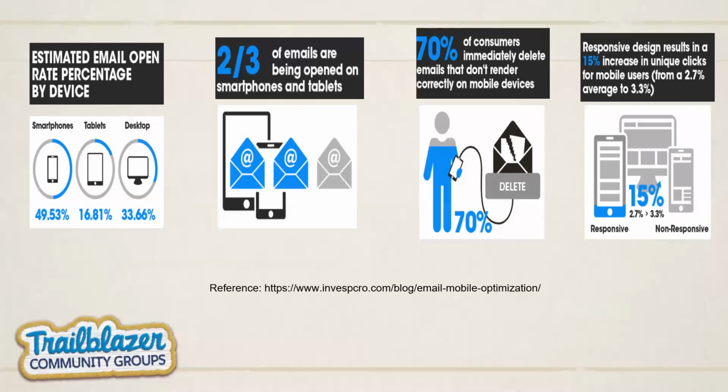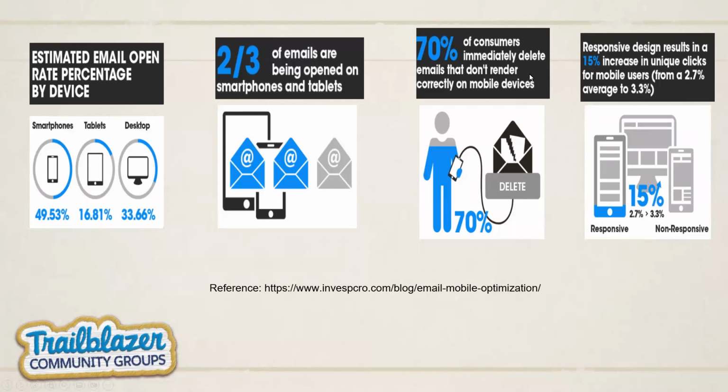And these are a few statistics. Going by the devices they have been opening on, almost 50% of people are opening on smartphones, on the desktop only 30%, and on tablets 16%. And two-thirds of emails are being opened on smartphones and tablets.